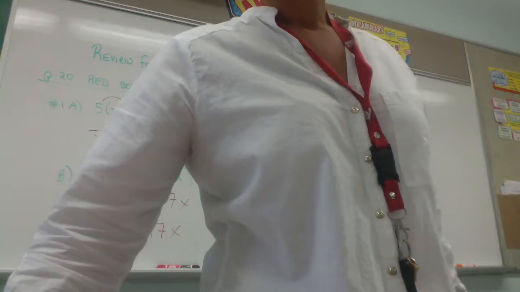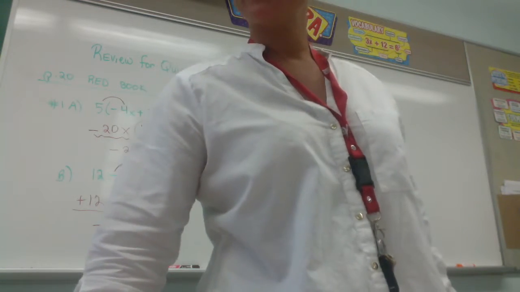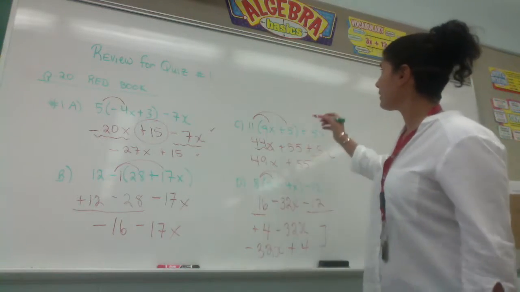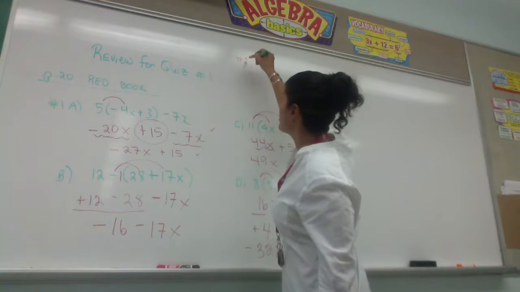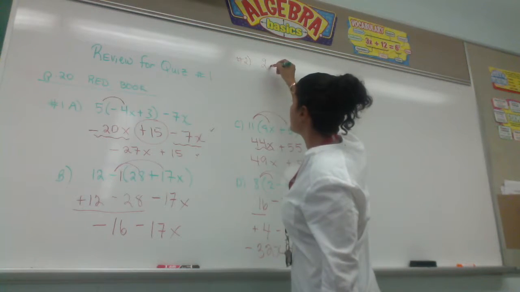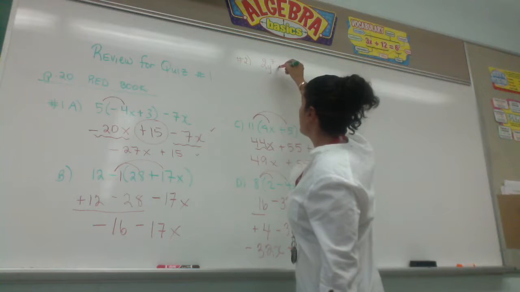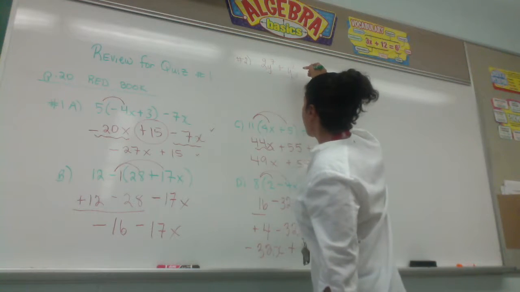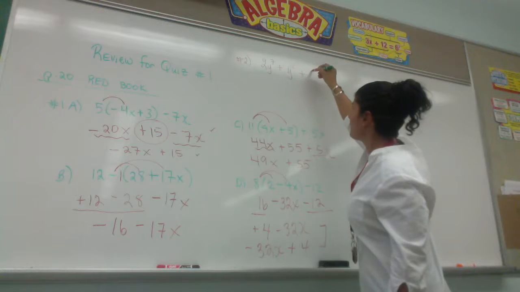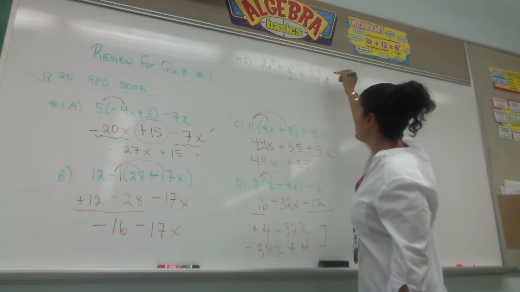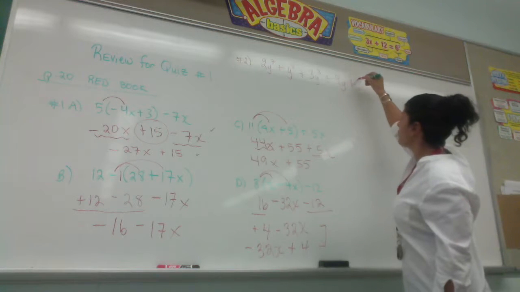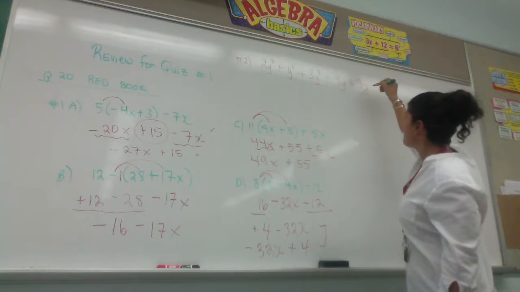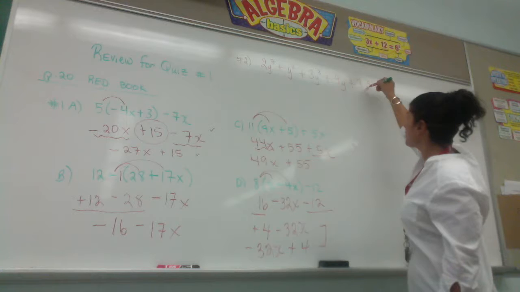Number 2 says, for the expression, so can somebody write down, number 2 right here, who can tell me the expression? 2y to the power of 7 plus y squared plus 3y cubed plus 9y plus 3y to the 4, okay, plus 6.